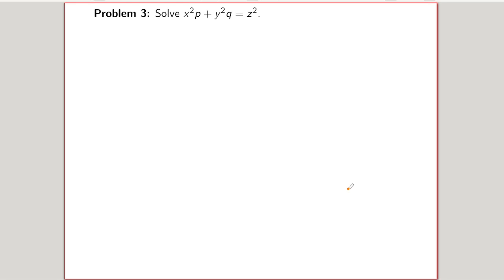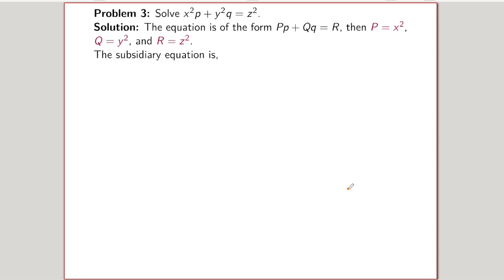So clearly it is given in the form of Pp plus Qq equal to R, and capital P is nothing but x squared, capital Q is y squared, and capital R it is z squared.